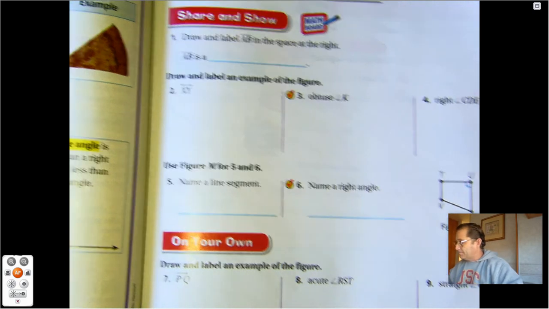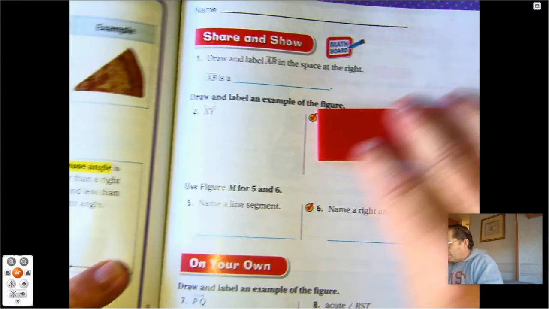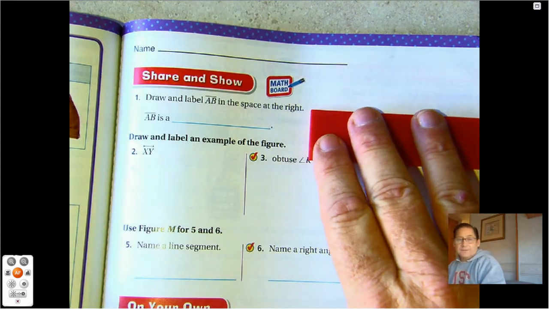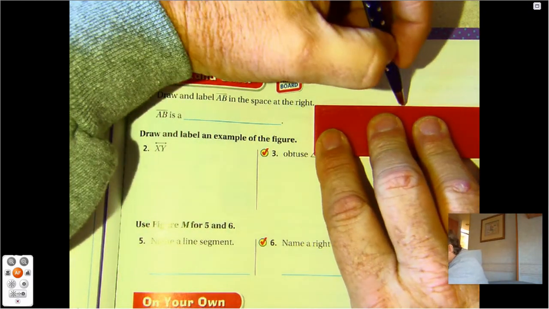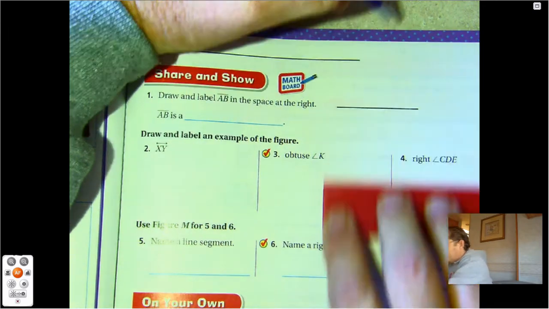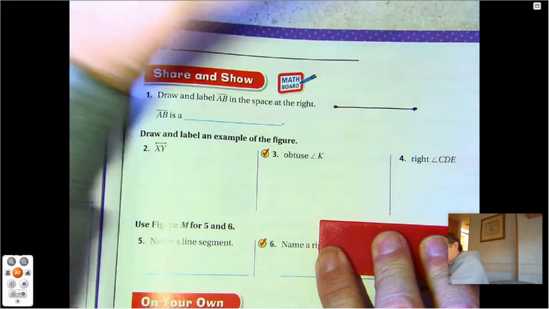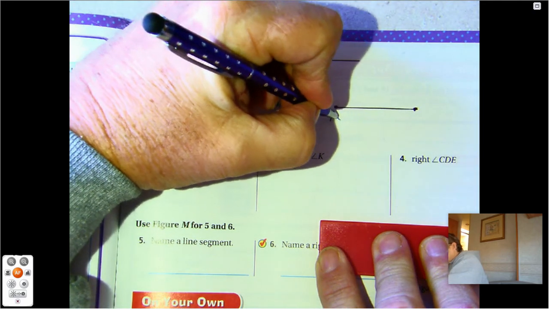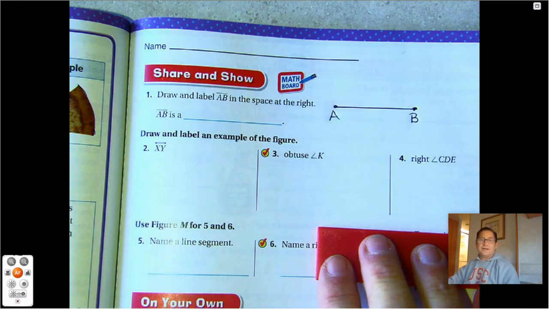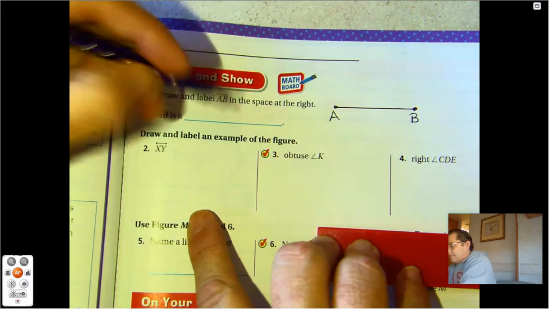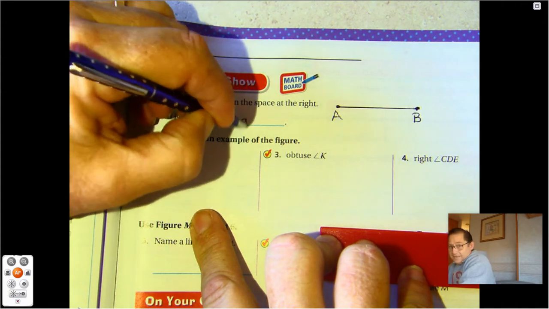Okay, choose a space to the right. That's what the line segment would look like. And what is this? It's a line segment.